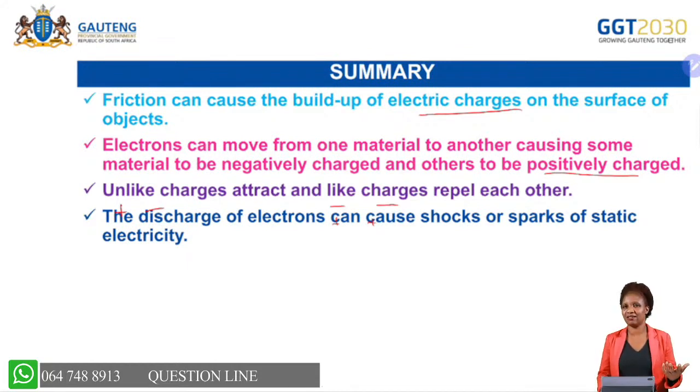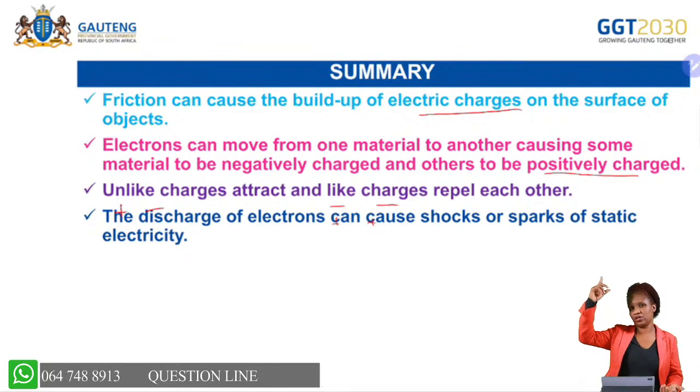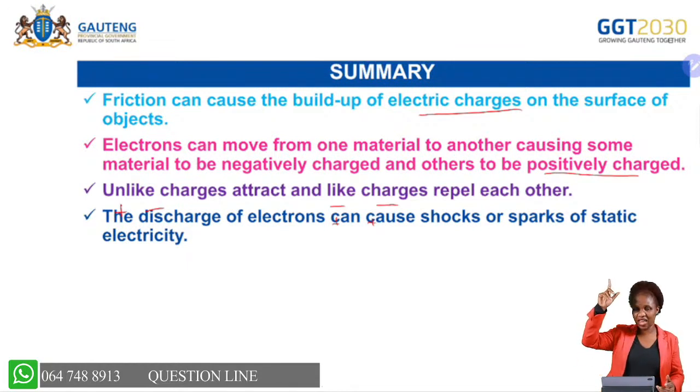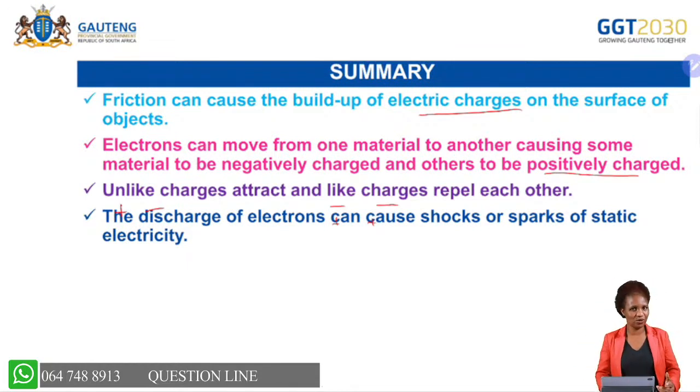Right? It can kill. That's why in tall buildings, you will find out there is a what? There is a copper rod. If the building is very tall, there will be a copper rod which is going to attract the lightning and take it to the ground. Rather than the lightning striking a building, it will be transferred to the ground. Do you get that? Good.